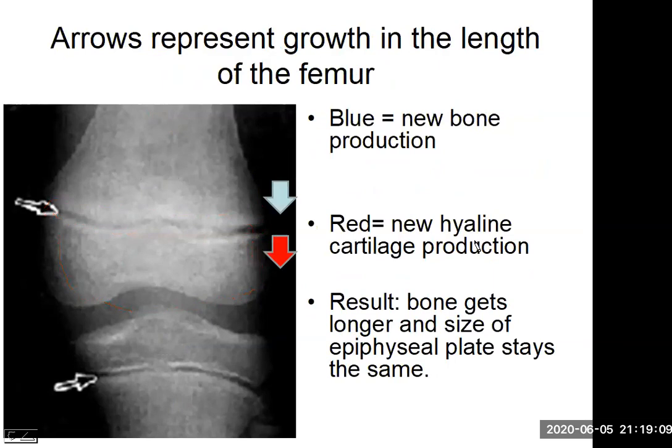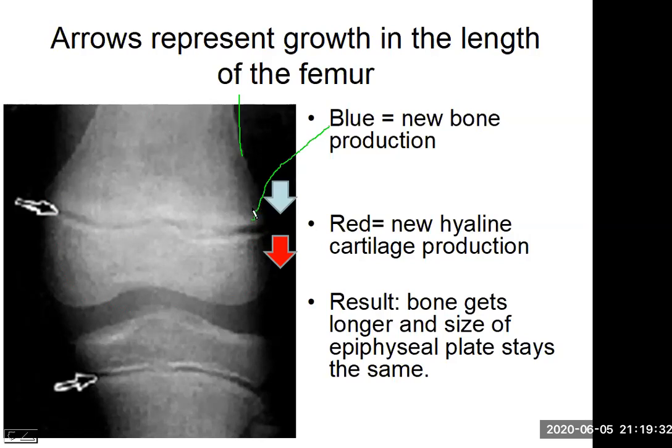And here I am just adding in the arrows to show that. So on the side closer to the shaft, one side of the growth plate is being ossified. So the blue arrow showing how there is loss of epiphyseal cartilage that allows the shaft to lengthen.